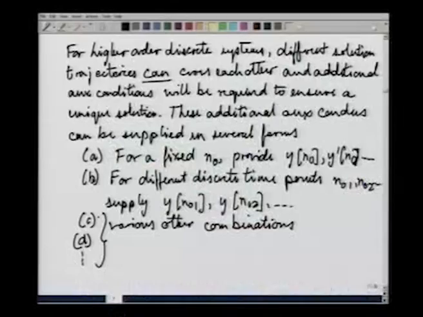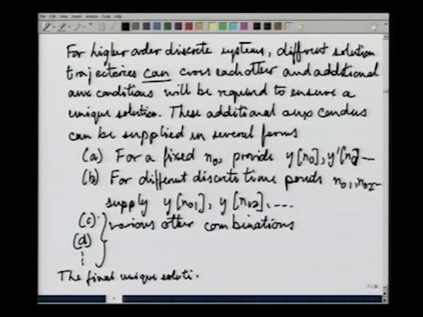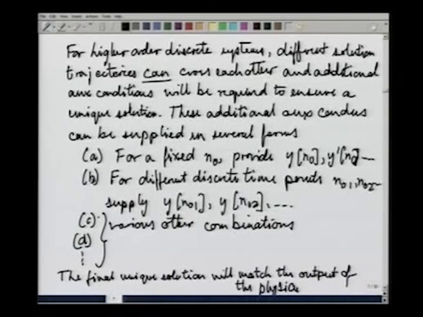This unique solution, the final unique solution, will match the output of the physical system.